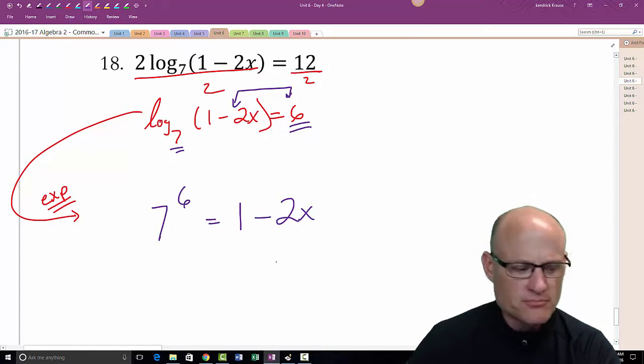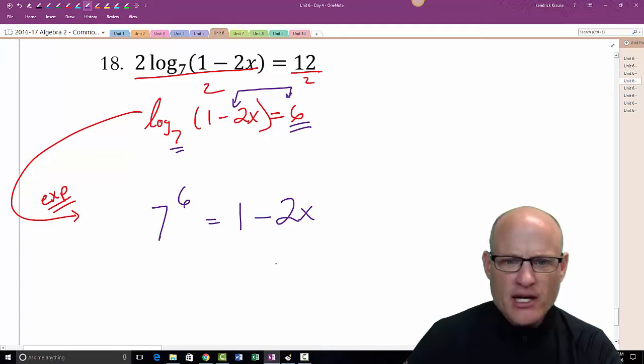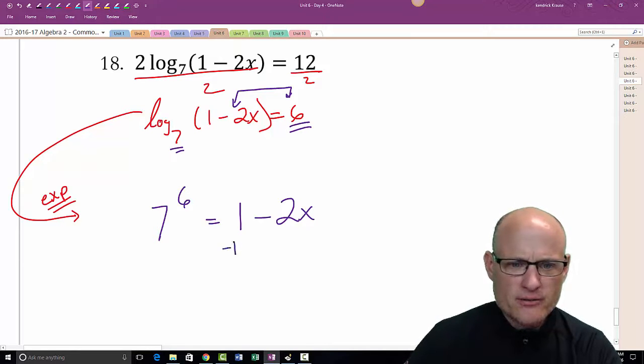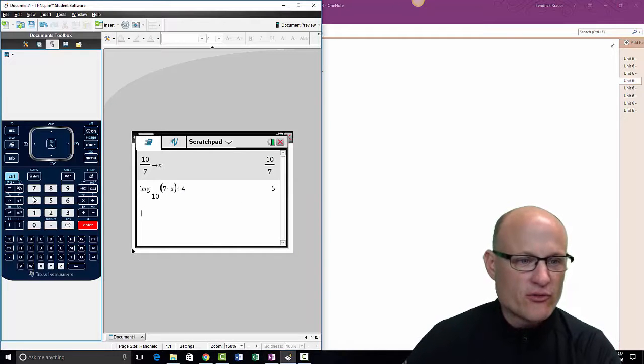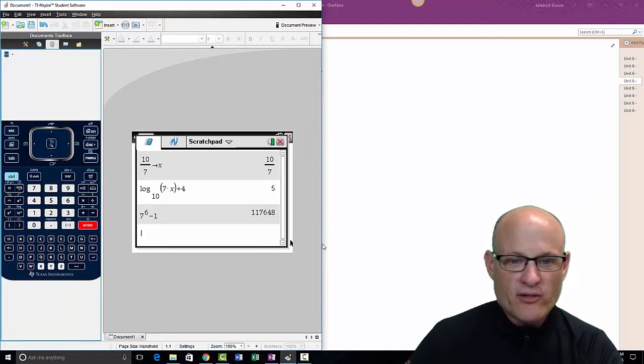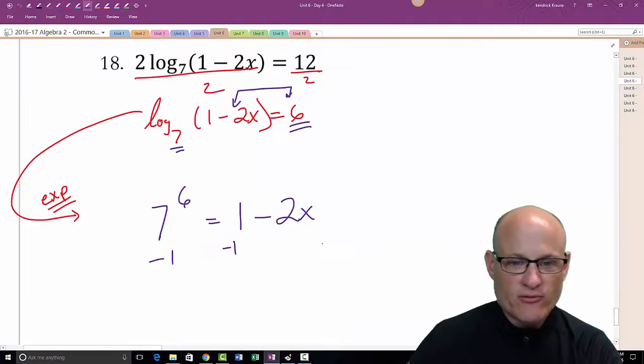Okay? We're going to subtract 1. Subtract 1. I'm going to do this in my calculator to figure out what this even number is. So 7 raised to the 6 minus 1. 117,648.